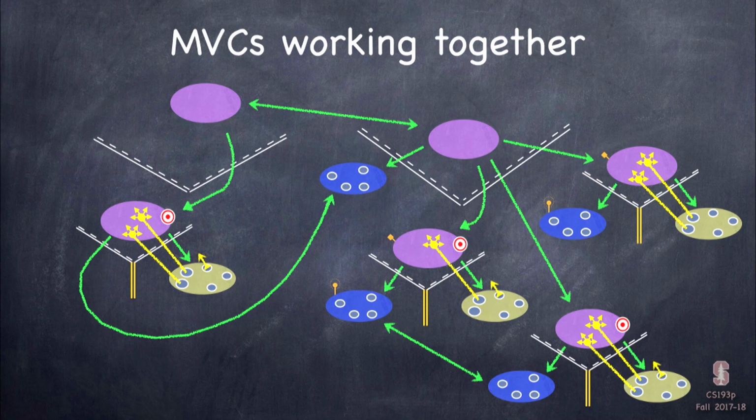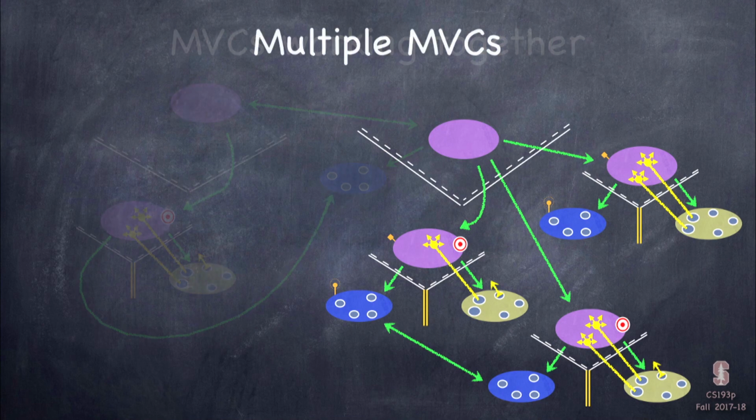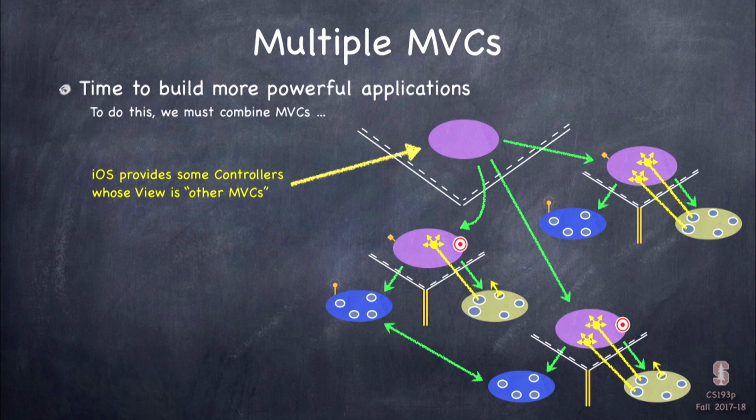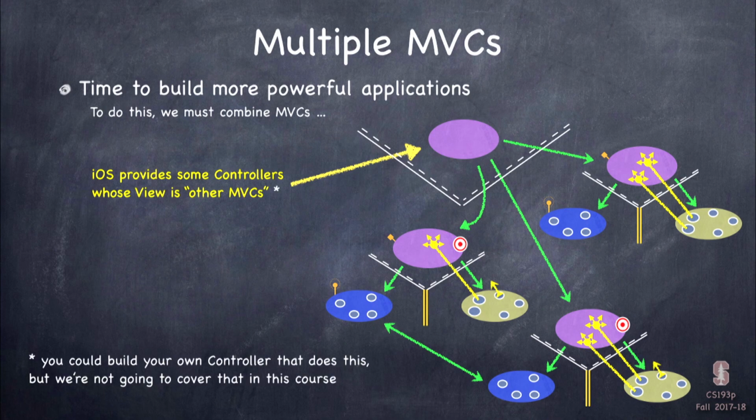So we're going to talk about how we make MVCs that are the view of other MVCs. We do this using some special controllers that iOS provides, whose view is other MVCs. Now, you could write your own special MVC whose view is other MVCs, but 99% of the time you're going to use one of the 3 that iOS provides.